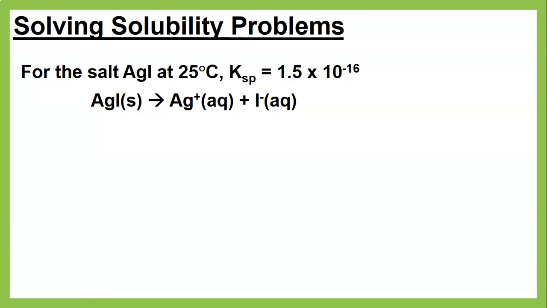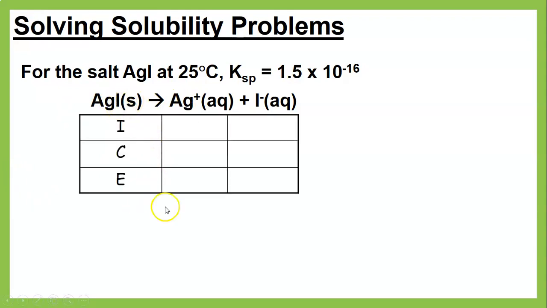So here's an example. We have silver iodide. They give us the K value. We can see here from the equation that it's breaking apart. Because this is a solid, I don't even need to consider it in my ice table, do I? You'll often see people not even give it a column. I tend to give it a column and then put dashes through.